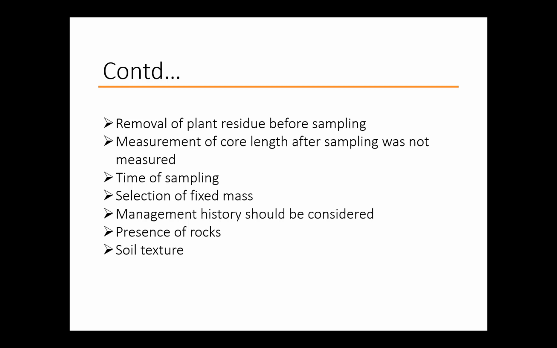Some soils, like coarse texture soils, have low potential of accumulation, so detection limits may be reduced or we may have to wait longer to be reasonable with our sample size to detect considerable accumulation. So all these things need to be considered, and this is what we learned from this project.